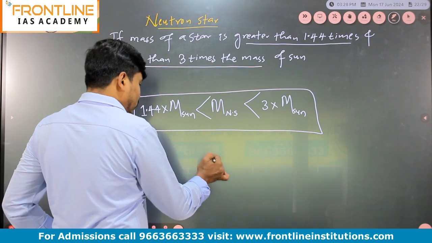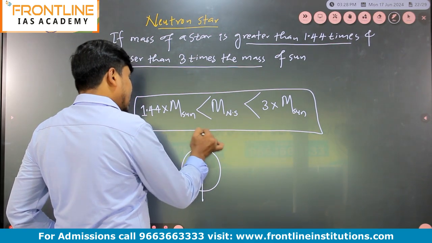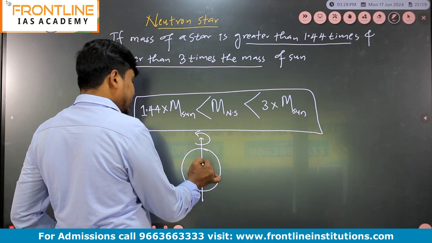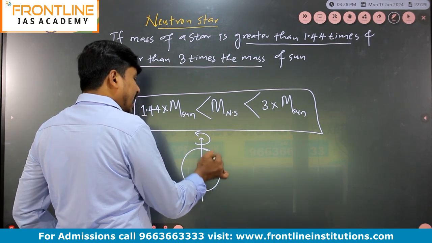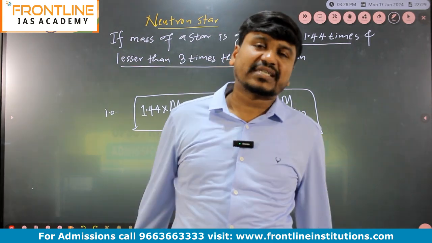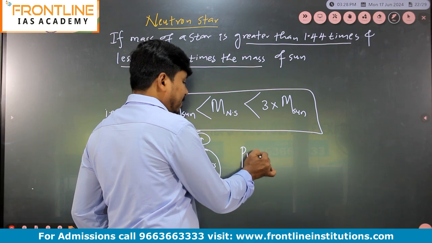And second point, just listen. Suppose this is the neutron star, and this is the axis of the neutron star, and neutron stars rotate around their own axis, right? The fast spinning or fast rotating neutron stars are known as pulsars. There is one important term called pulsar.